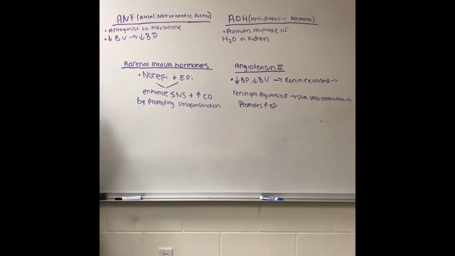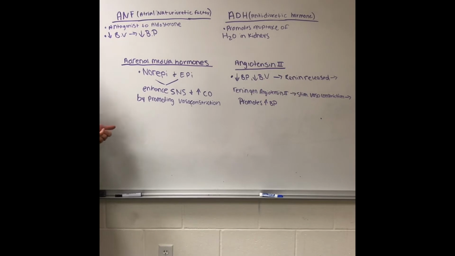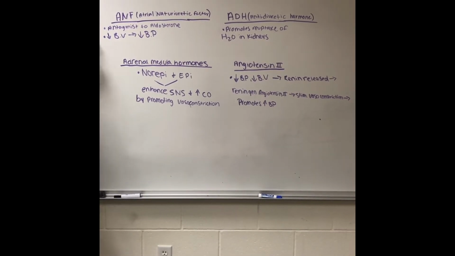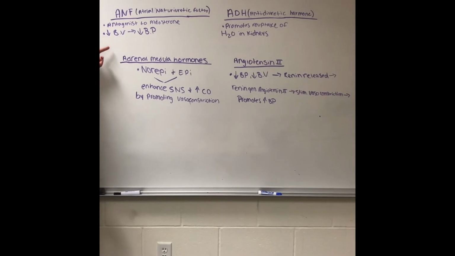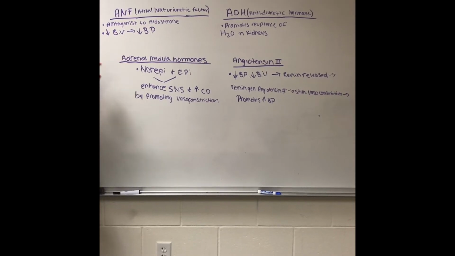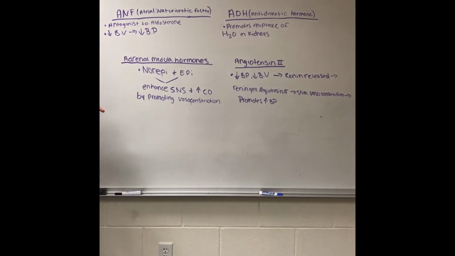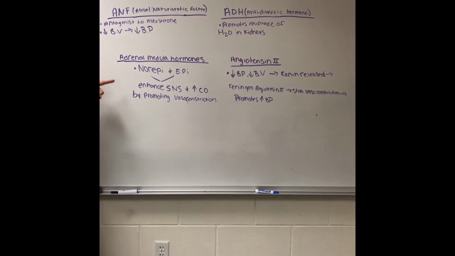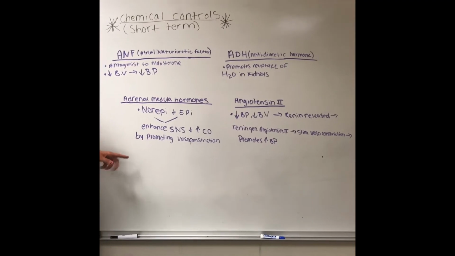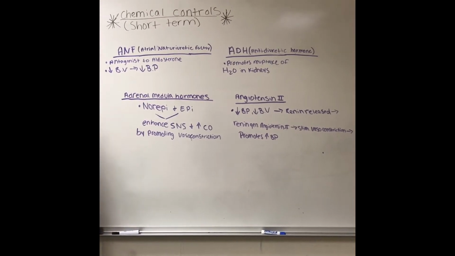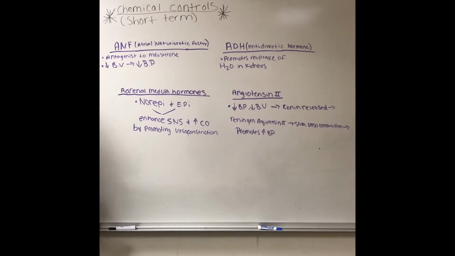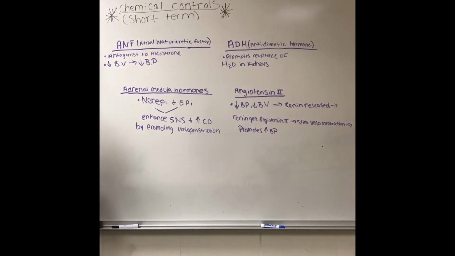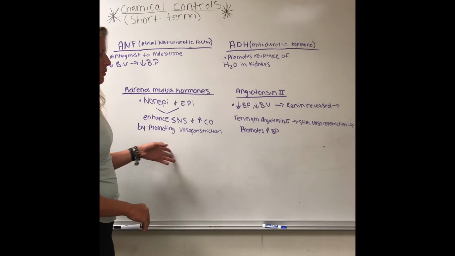Okay, so these are chemical controls, and this is going to be the short-term types. So we have ANF, which is an antagonist to aldosterone, and it decreases your blood volume, which in turn is going to decrease your blood pressure. And then we have your adrenal medulla hormones, which produce norepi and epi, which enhance your sympathetic nervous system and also increase your cardiac output, which promotes vasoconstriction, which is going to increase your blood pressure.